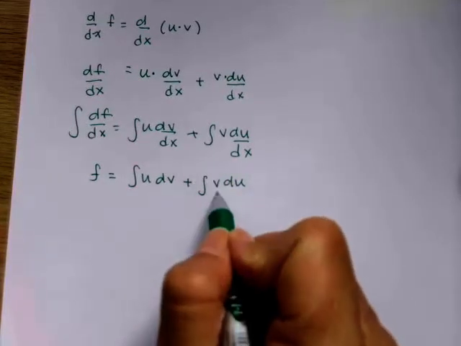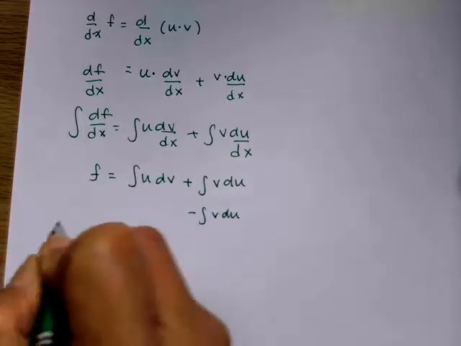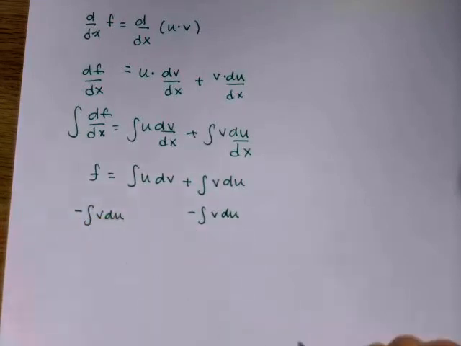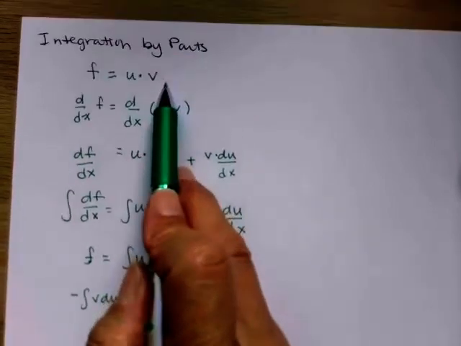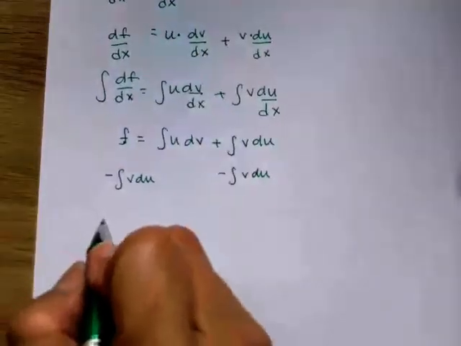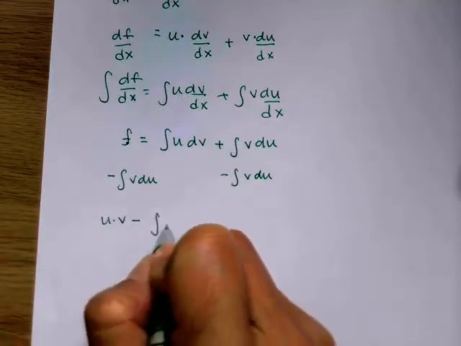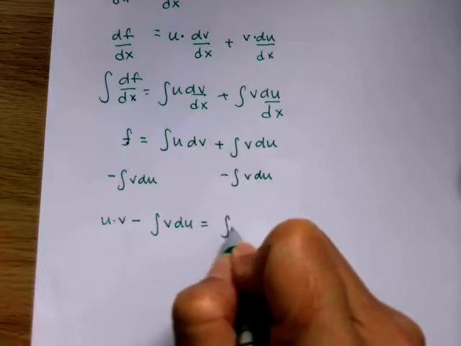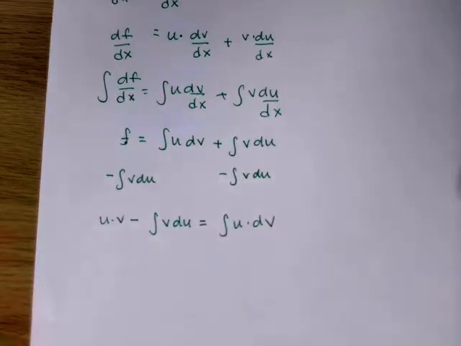We're going to go ahead and subtract this second integral from both sides, and I'm going to replace f with its other version, which is u times v. So now I get u times v, that was my f, minus the integral of v du is equal to the integral of u dv.